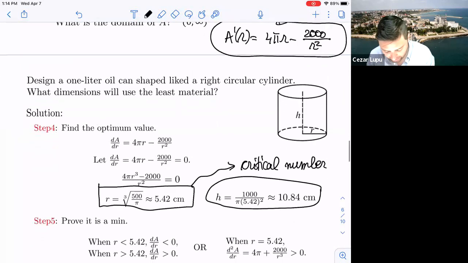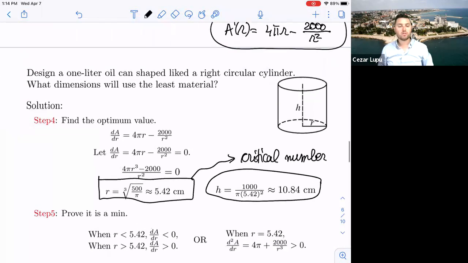So in other words, we will look for values less than that critical number. And you can check this one out. I'll leave it to you as an exercise. You can see that when r is less than 5.42, the derivative with respect to r is negative, so the function is decreasing.